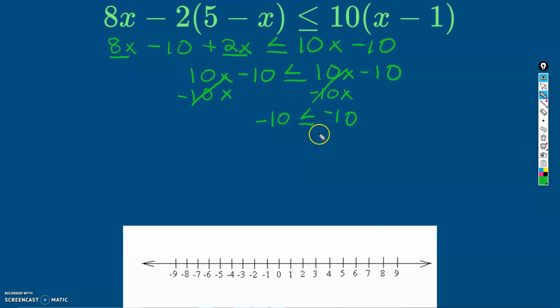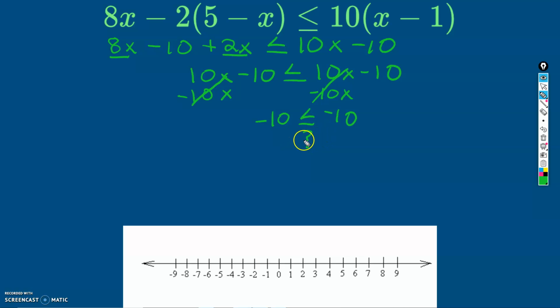What happens? Okay, so you evaluate your statement. Is negative 10 less than or equal to negative 10? Is that true or is that false? Well, that's true because we have the or equal to. Yeah, negative 10 is equal to negative 10, so technically this is true.